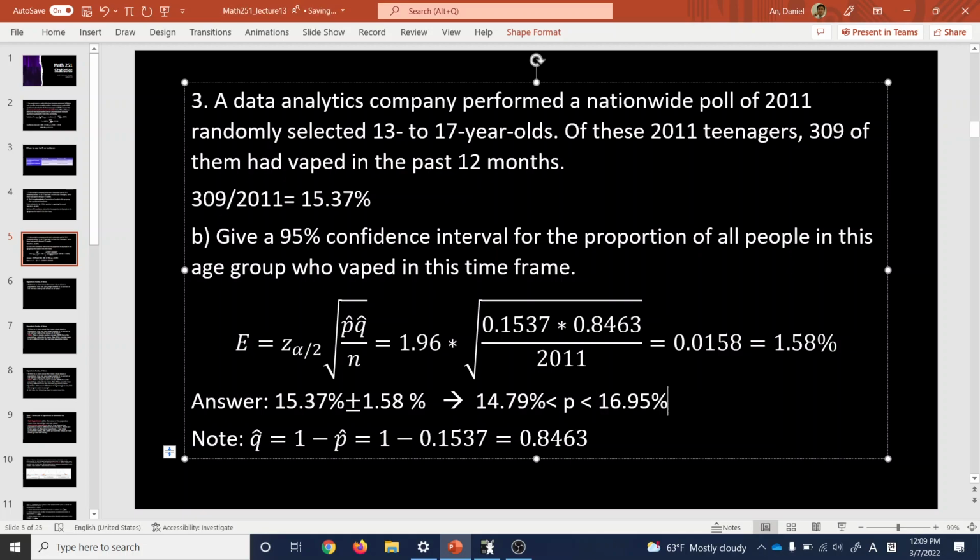So although we do not know where the actual proportion would be, you know that with 95% confidence, I'm 95% sure that the actual value is between 13.79% and 16.95%. Yeah, that's what it's saying.